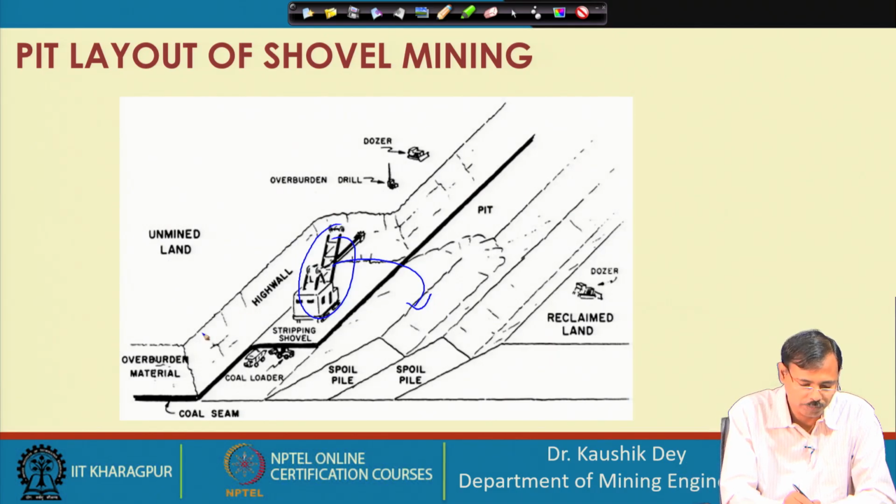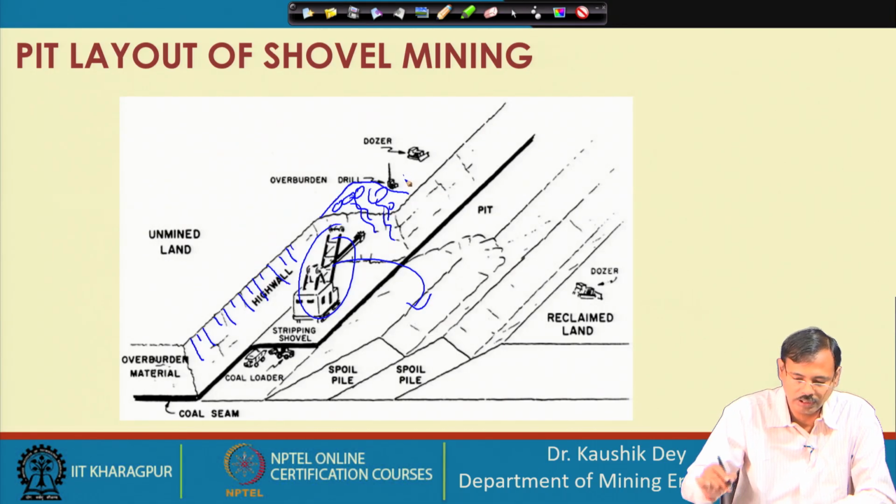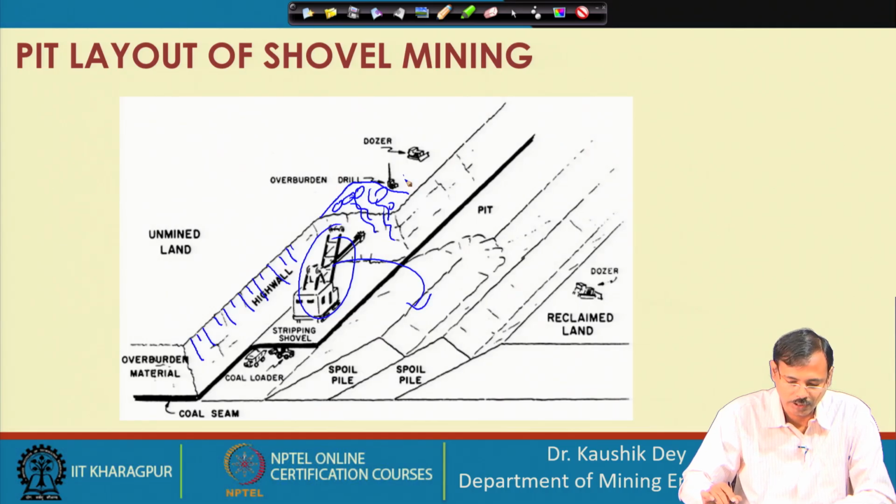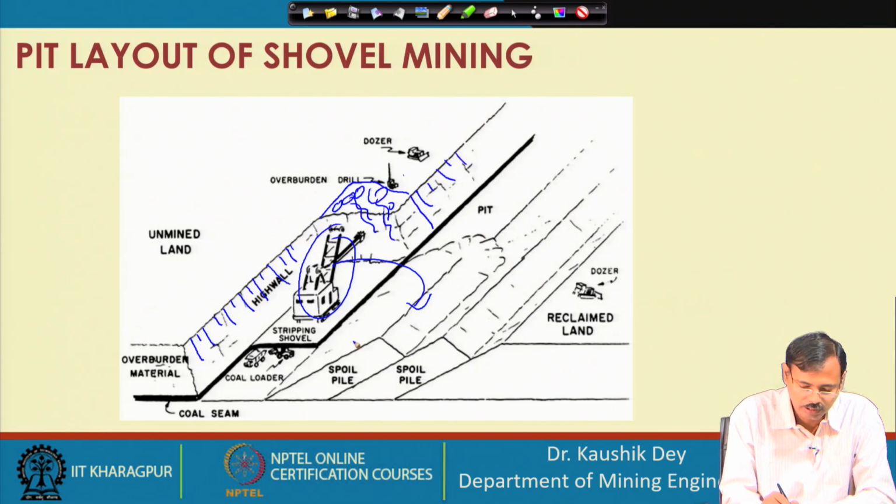You can see this is the pit layout in plan view. These are the slope, the high wall slope, and in this portion the blasting is carried out. This is the loose blasted rock mass and this is where future drilling is carried out. You can say this is the pit wall and this is the waste dump pit.